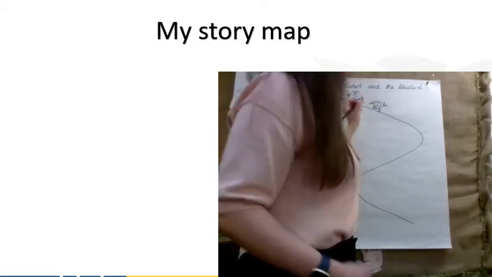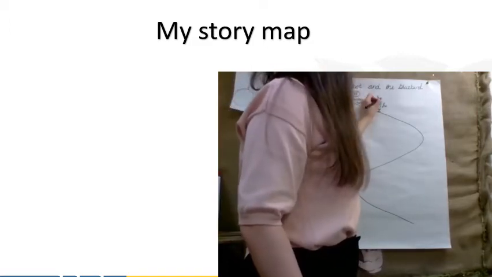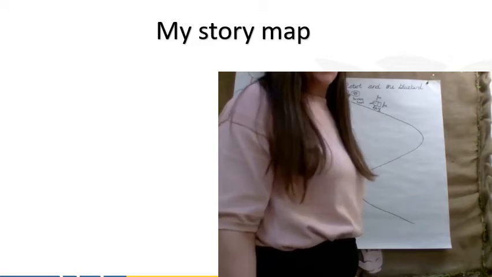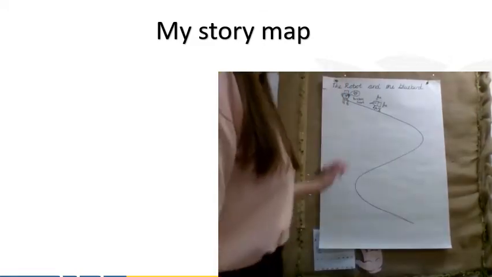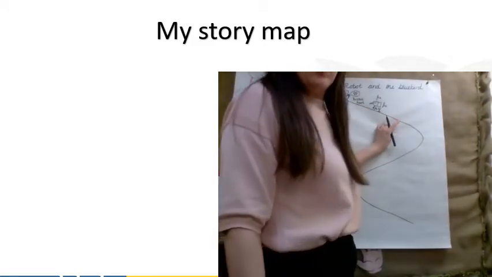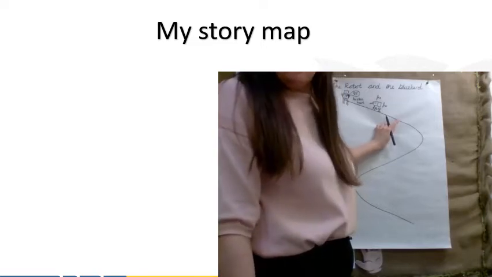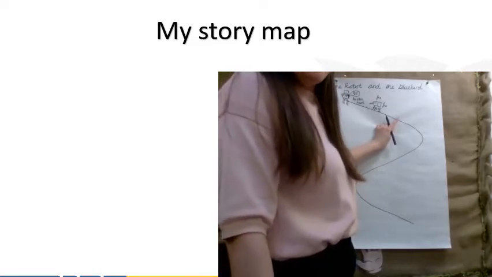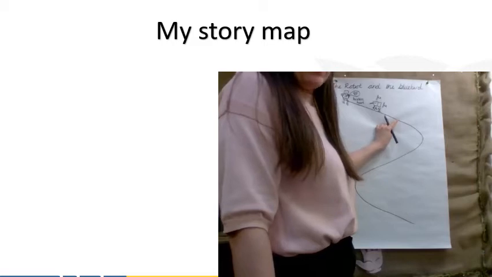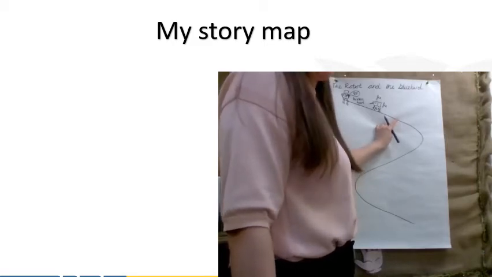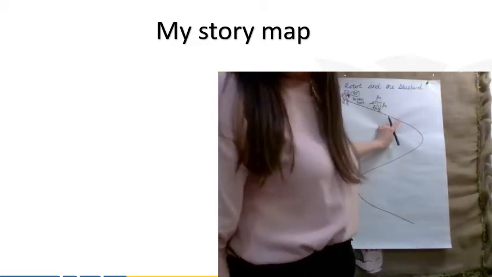They were striving so hard to fix him, but it was no good. So he was sent to the scrap heap with all the other old machines. So I'm going to draw him now, sat on the scrap heap, feeling sad.